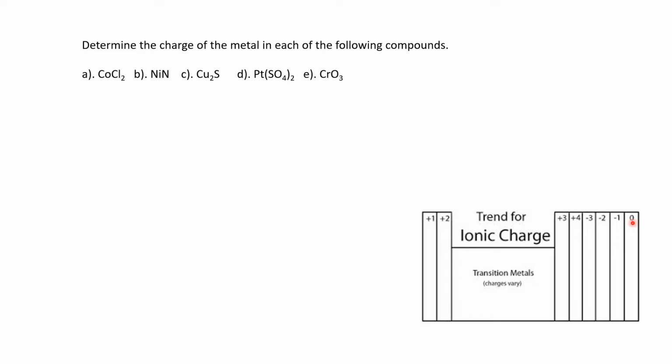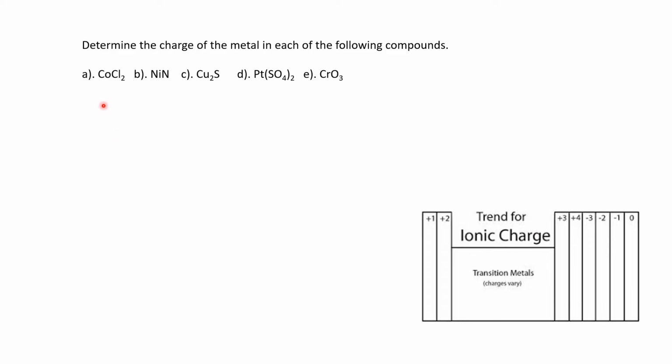And the elements in group 8 do not make ions. In group 4, the charges can be plus 4 or minus 4. Transition metals make variable charge compounds. The exceptions are silver and zinc.